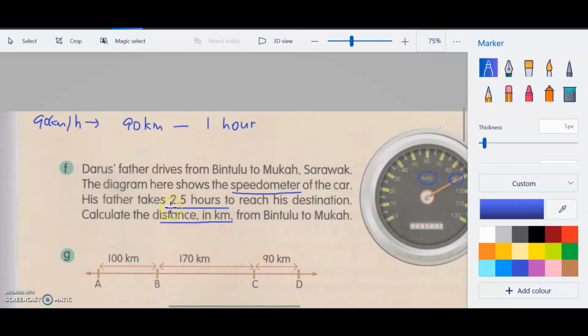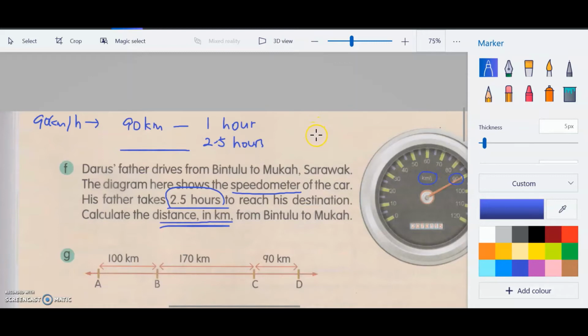Now the father takes 2.5 hours to reach the destination. So here we have 2.5 hours. Calculate the distance. Now if you remember what I taught in the class, there are three ways you can solve this, but the second and the third way are more suitable.